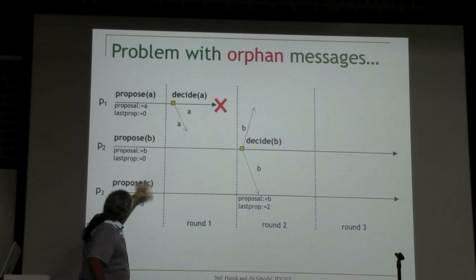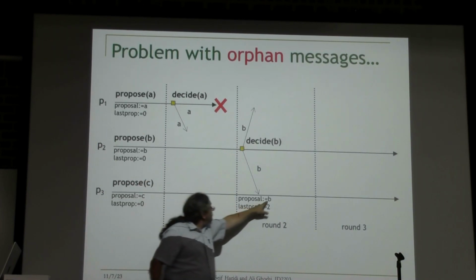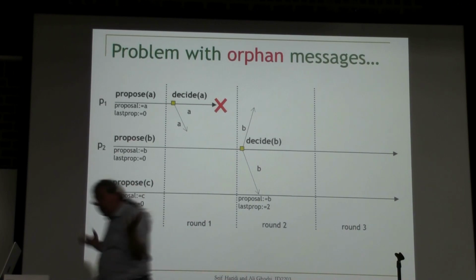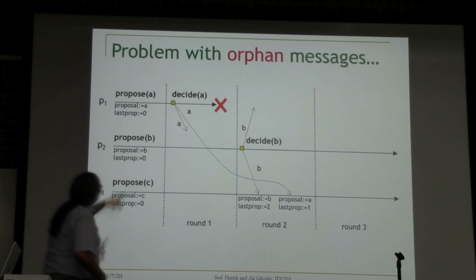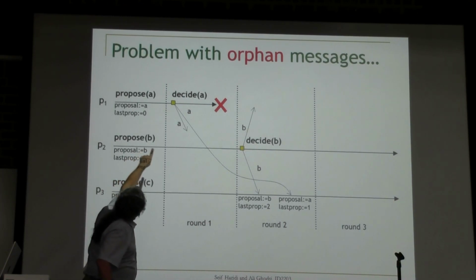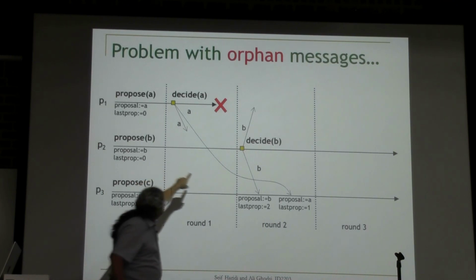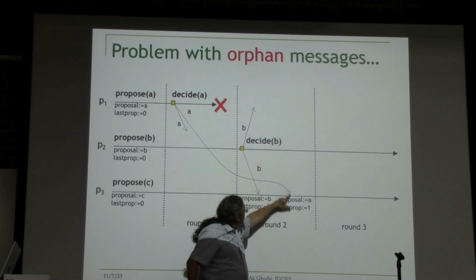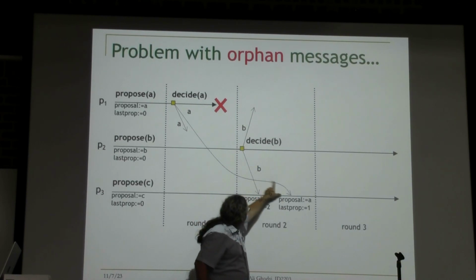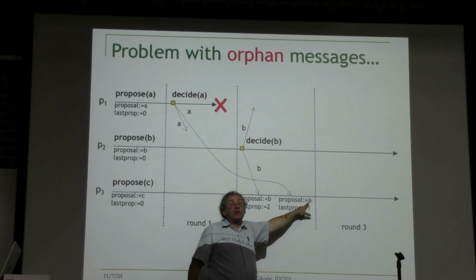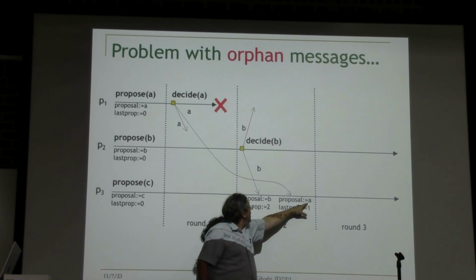It overrides the local C, and it becomes B. Now everybody is kind of agreeing on B. But look what can happen. We don't know how long messages take. There might be a message still traveling from node 1 that arrives later than the one from node 2, and this message from node 1 says the proposal is A and not B.